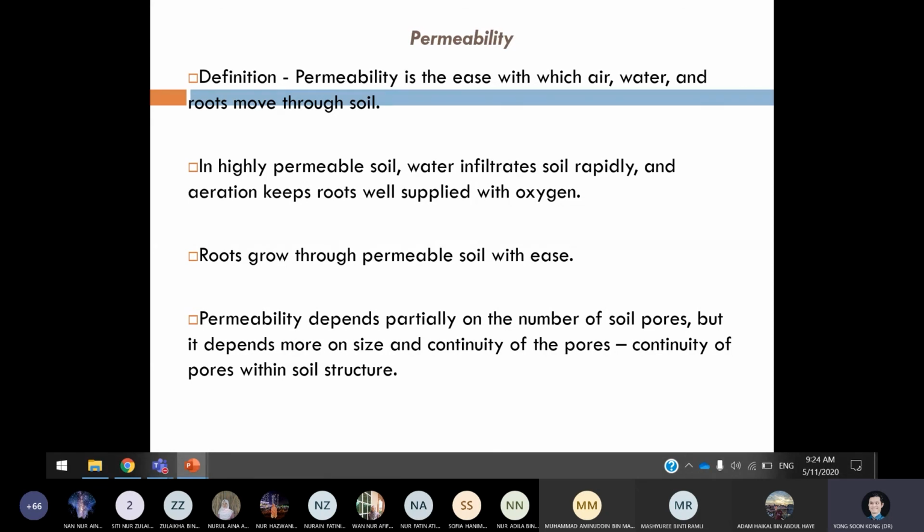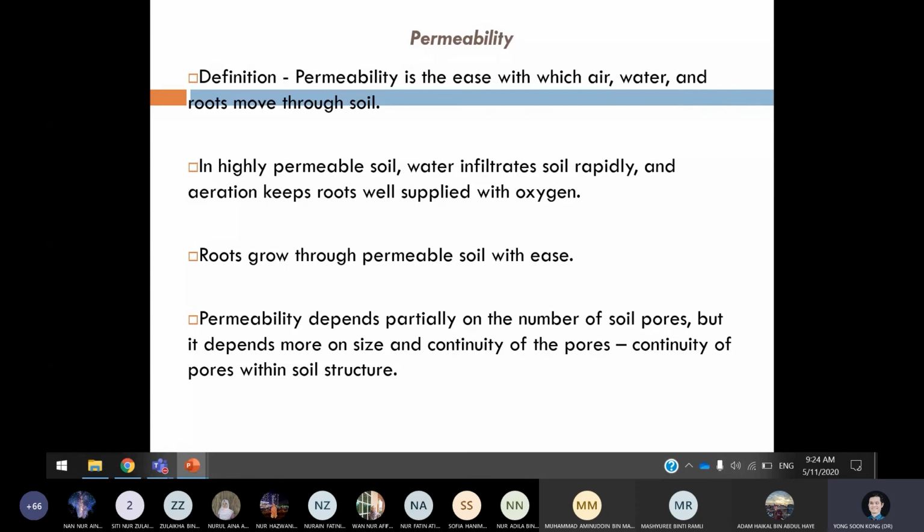Clay is an example. Clay has high porosity, but due to a lot of micropores. And as I told you just now, micropores trap water. When they trap water, there is no more air connecting outside and inside, so water cannot flow through. Therefore, the permeability of clay is much lower than sand.